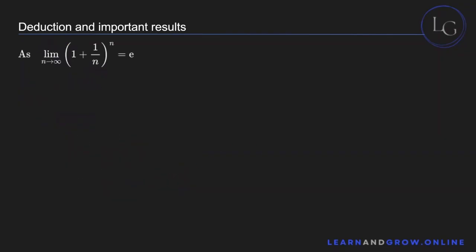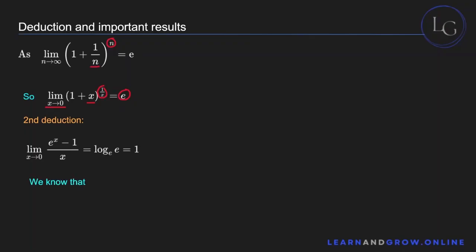So now you have everything you need. This 1 by n is replaced with x, this n is replaced with 1 by x, and the limit is x approaches 0. And this, as we've discussed earlier, approaches e.